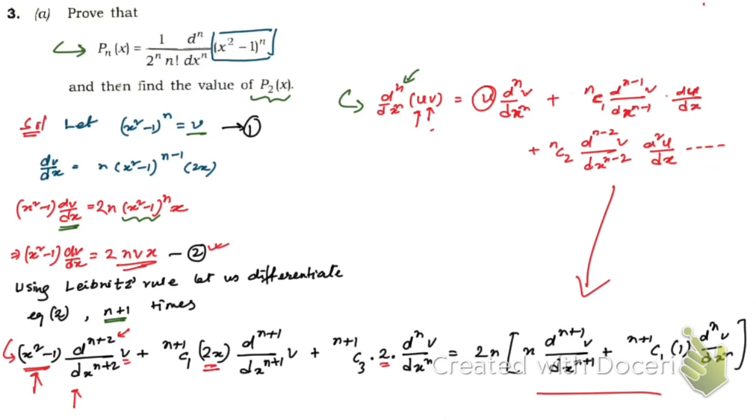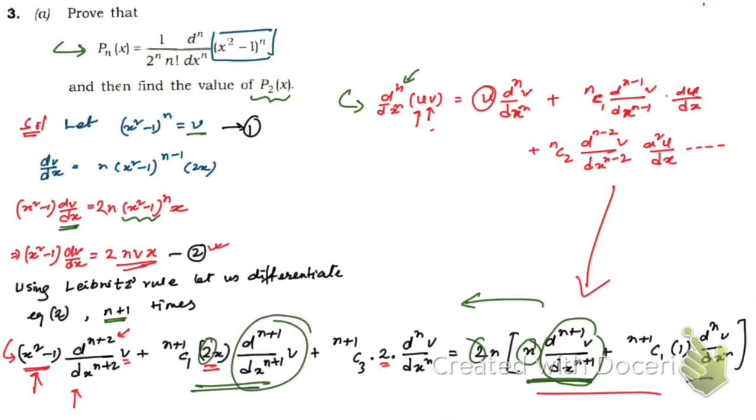Before going to equation number 3, let me simplify this. Now you see, if you bring the right hand side to the left hand side, then from the first and the second terms of the left hand side, we can take this part common, and x and 2 we can take common, right?